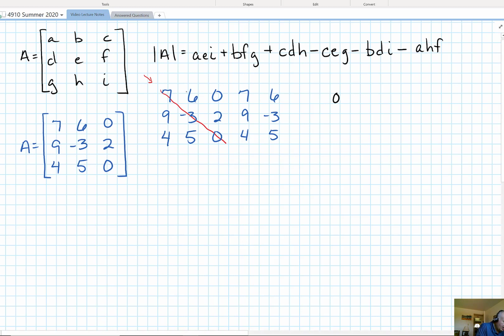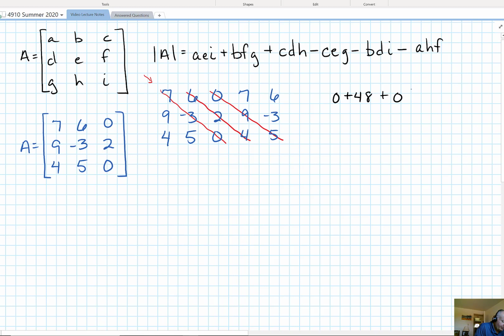Then you move over and multiply down that diagonal. 6 times 2 times 4 is 48. We're going to add that to our previous result. And then we multiply down this diagonal. Of course, that product is also going to be 0.